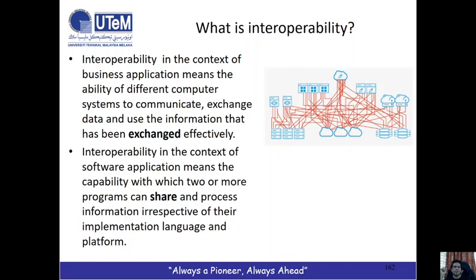So interoperability in the context of software applications means the capability with which two or more programs can communicate. It is the same as the business application, but of course it goes back to the computer program.